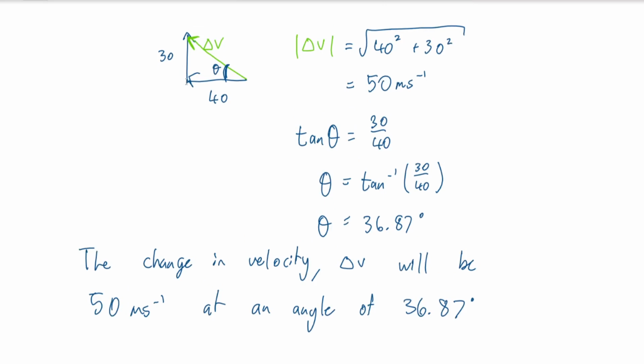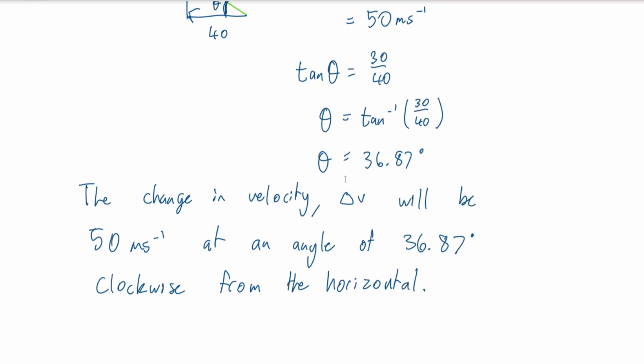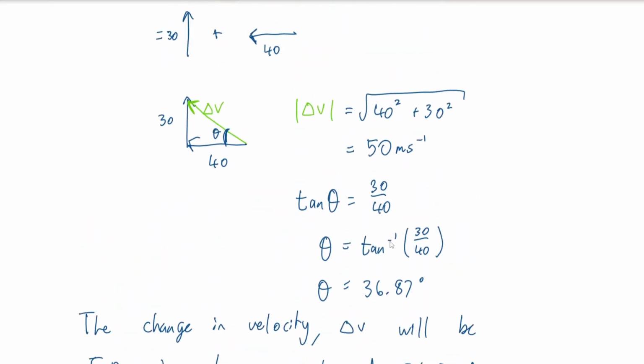Now, what are we measuring that angle from? Well, from our diagram it's clear, but in words we would say at an angle of 36.87 degrees clockwise from the horizontal. Cool. And that's just being very clear with our magnitude and direction. But if you stopped here, I mean, with your diagram, that's still very clear.